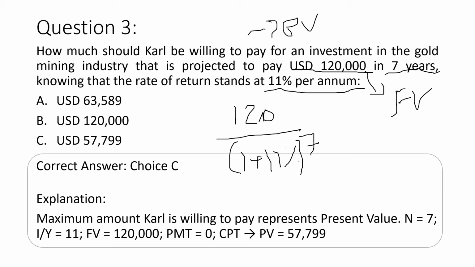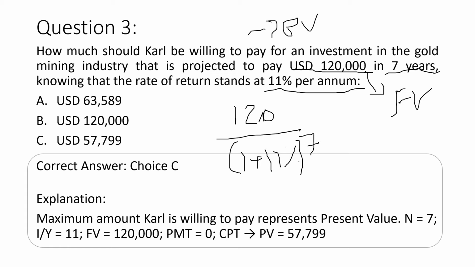We could also do this through the financial calculator by inputting the 4 givens and calculating for the 5th. The 4 givens are N being 7, interest rate being 11%, the future value 120,000, payment is 0, and we simply compute for the present value.